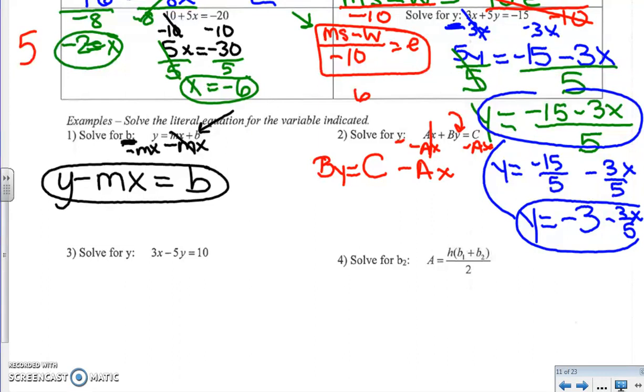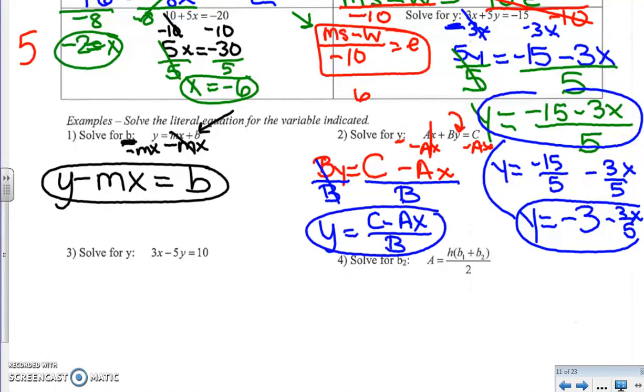We still need y to be isolated, so we're going to divide by the b. And you can divide the entire expression by b, leaving you with y equals c minus ax over b. If you wanted to split that answer up, your right side would have c divided by b and -ax divided by b. That would be the other way to write that answer.